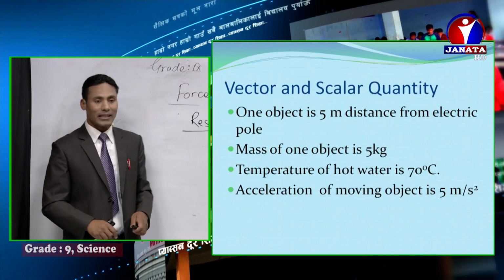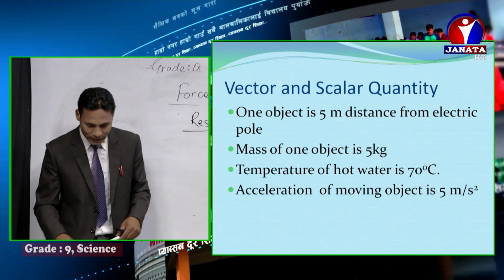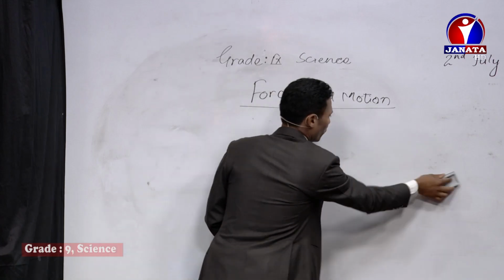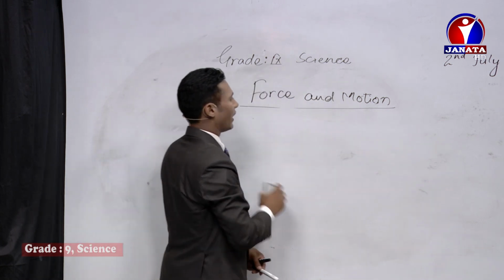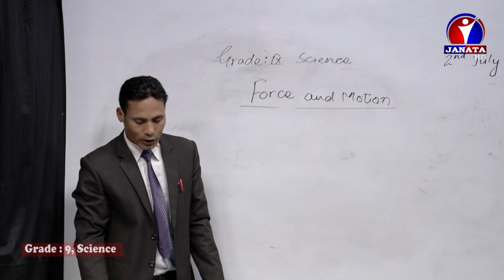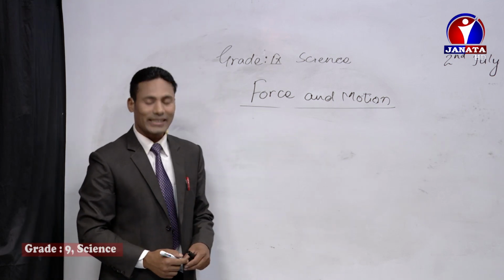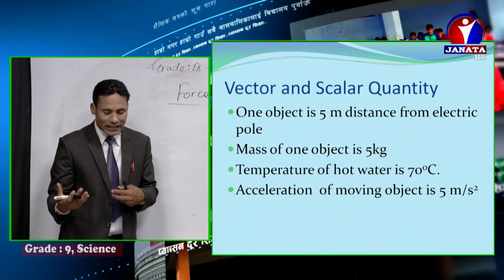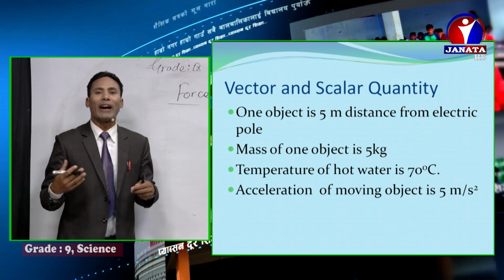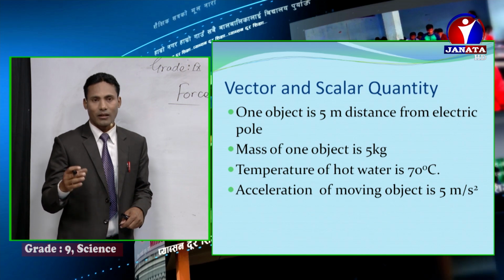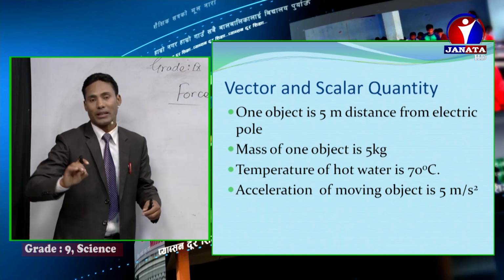Now next, let's see about vector quantity and scalar quantity. Before defining vector quantity and scalar quantity, let's take some examples. Let's say there is one object which is 5 meters away from the electric pole. That is one statement, right?